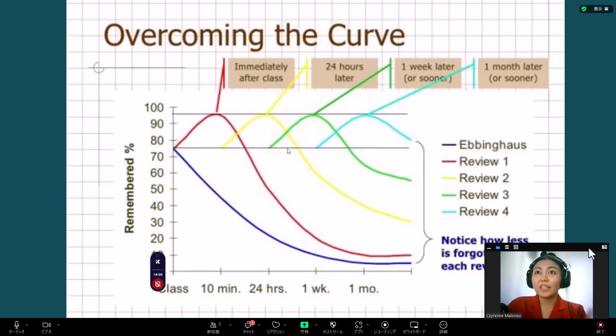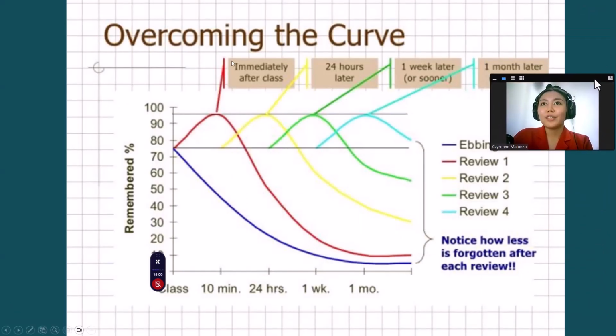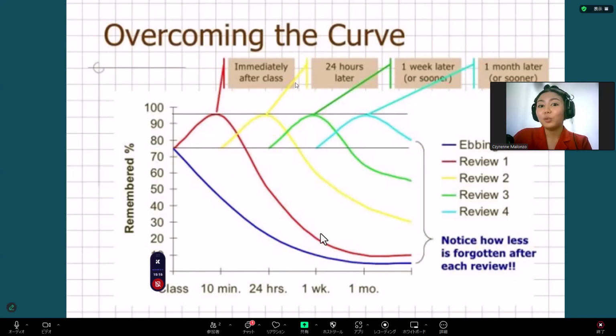So look at this. This is how we defeat or overcome the curve of forgetting. So first part is when they learned it from you that same day. 24 hours later, they have to review what they learned.